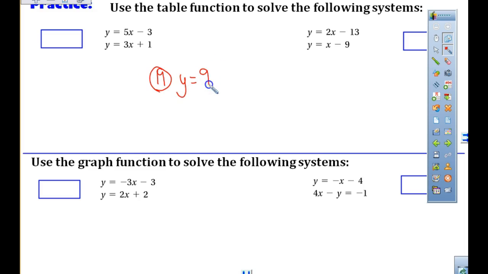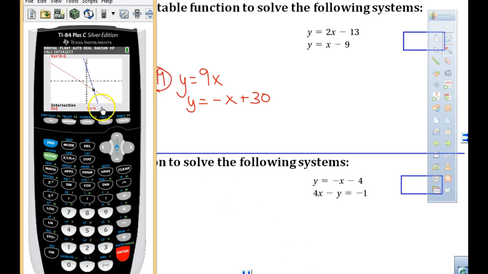They were y equals 9x and y equals -x plus 30, was it? We're going to put those two equations in. So go back to your y equals, clear out the two equations that were there, and let's put in number 19. So the first equation was 9x, very steep.